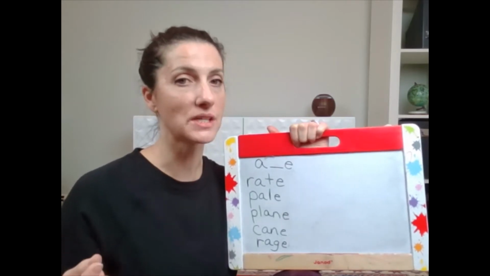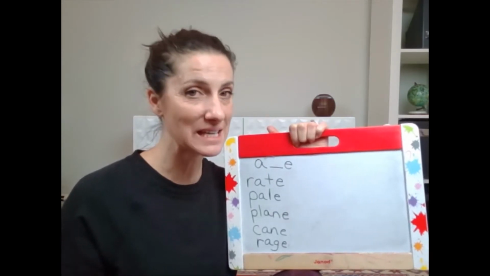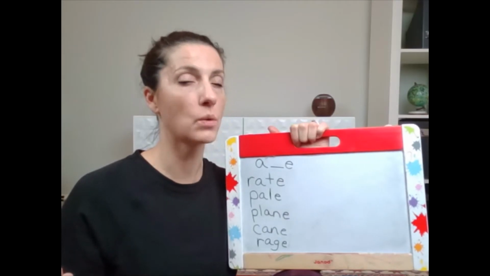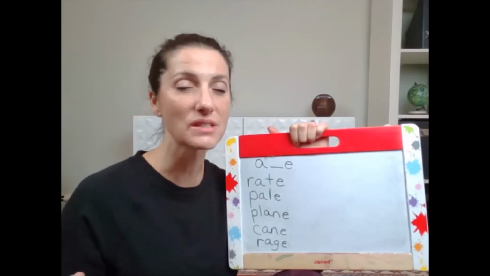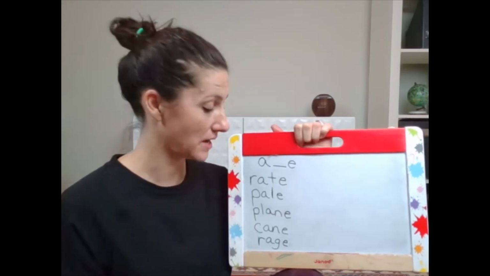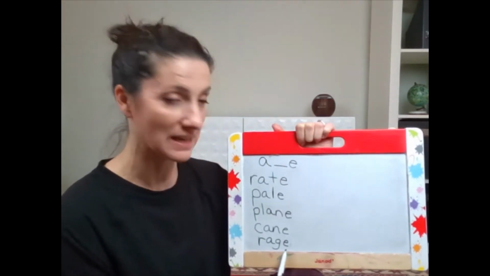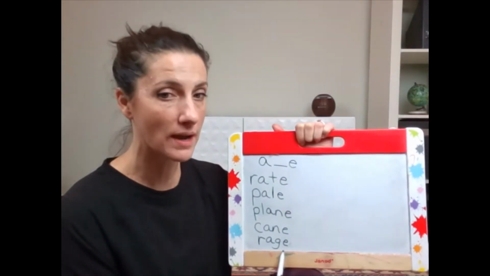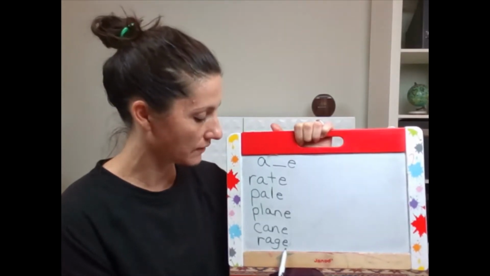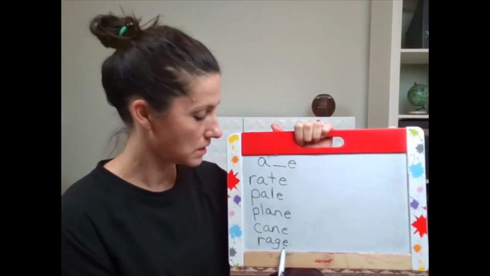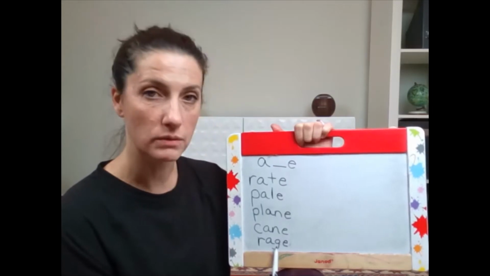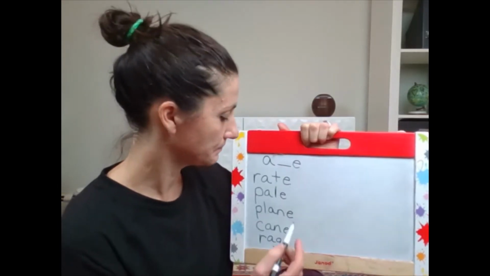However, if you have a G and it's followed by an E, an I, or a Y, it changes it to a J sound. So here it is followed by an E, and remember it's E, I, or Y, changes it to the soft sound, which is J. So we get rage instead of rag.